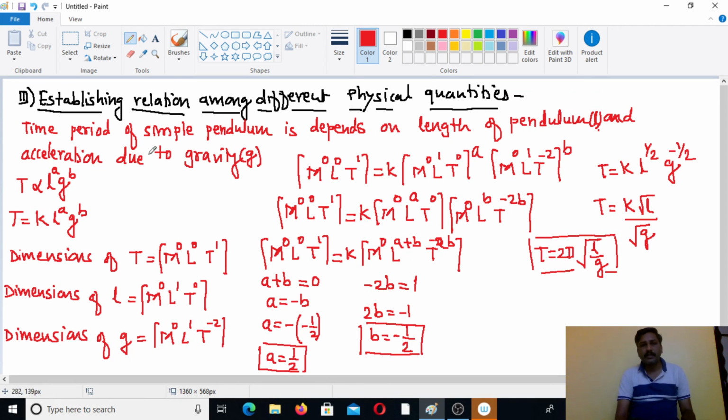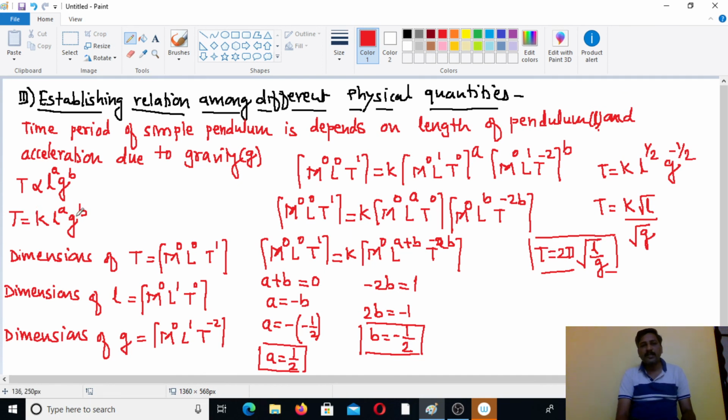Here the time period depends on L and g, but how T relates with L and how the time period relates with g, that we don't know from dimensions alone. Therefore we can find out how the time period relates with L, and then I can easily conclude that the time period is directly proportional to the root of length.